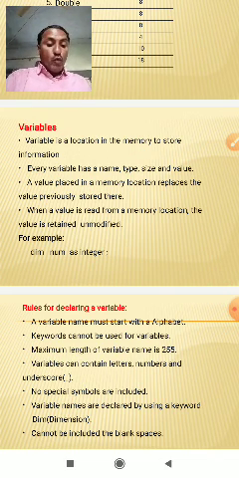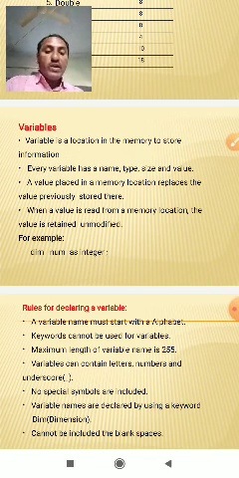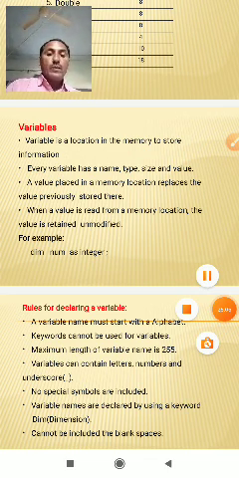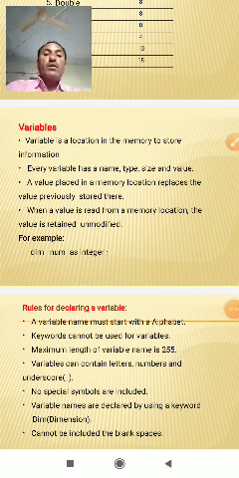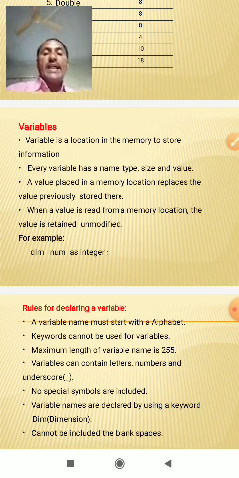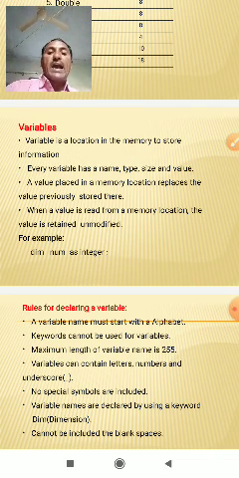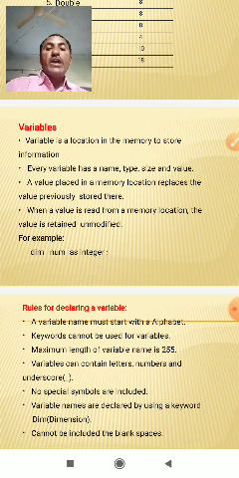Types of variables. This is called variable declaration. Every variable has a name, type, size and value.